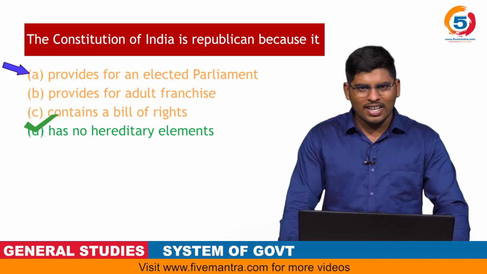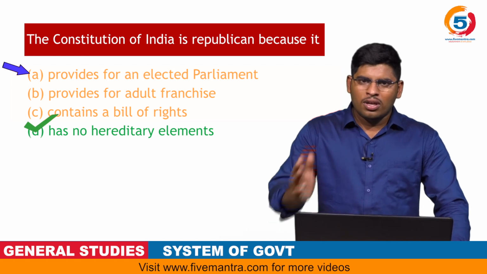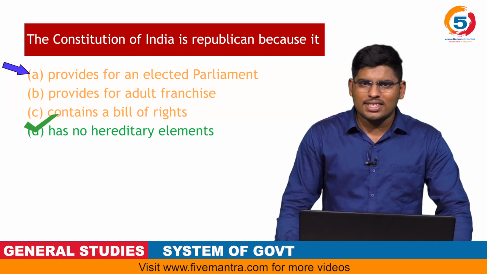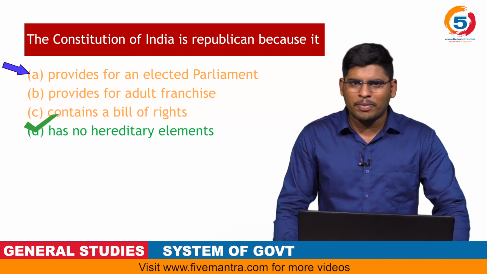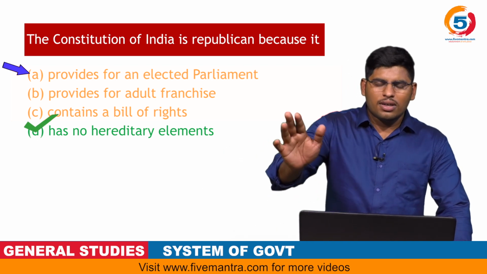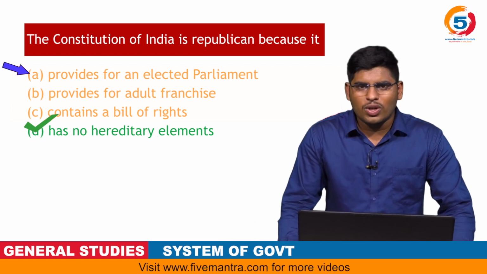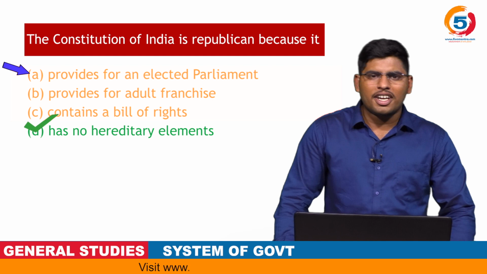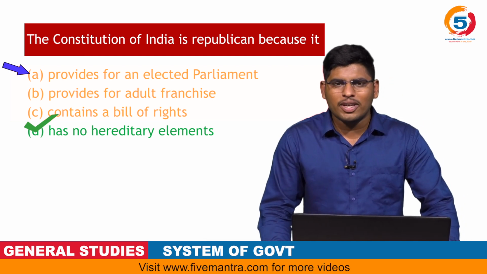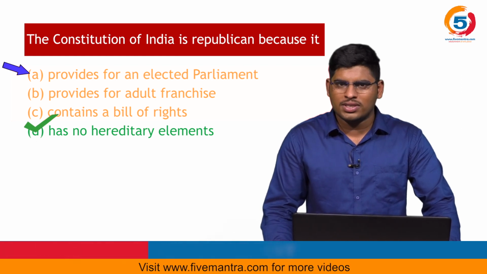First option, it provides for an elected parliament. Obviously our parliament, consisting of Rajya Sabha, Lok Sabha and the president, where the Rajya Sabha acts as the upper house, Lok Sabha as the lower house, and the president is the head of the state and of the parliament too, is an elected body. The members of the Lok Sabha are directly elected by the people, and the members of the Rajya Sabha are indirectly elected for a term of 6 years, and the Lok Sabha for 5 years.